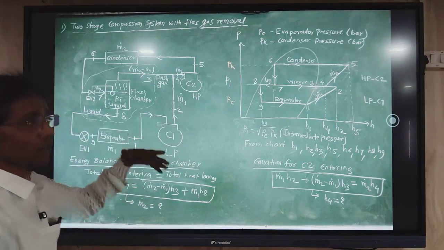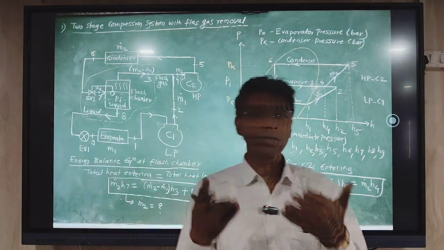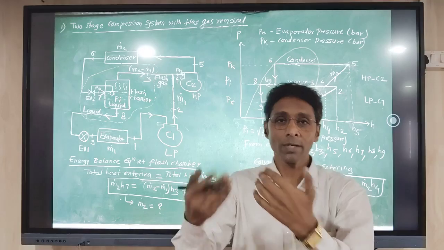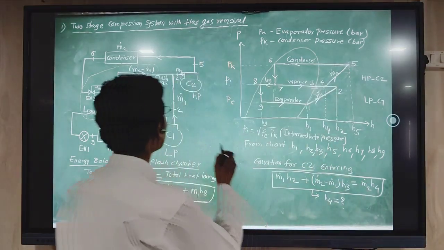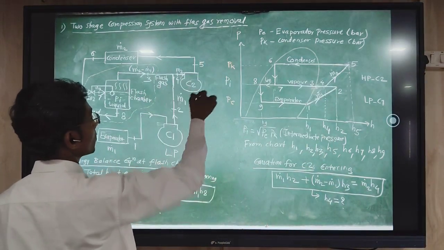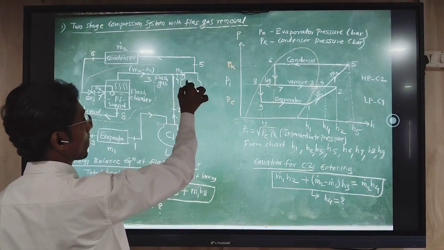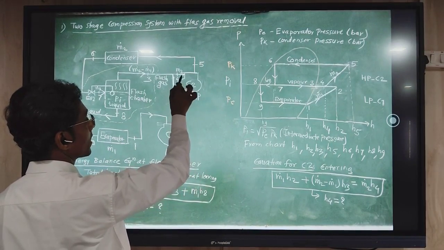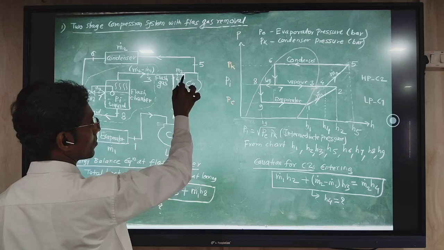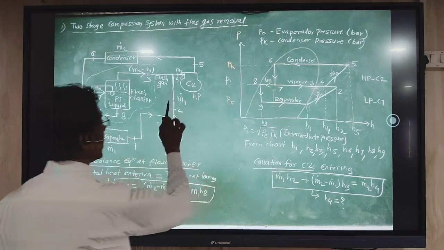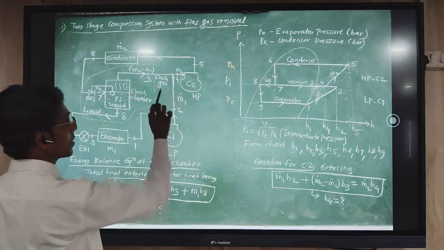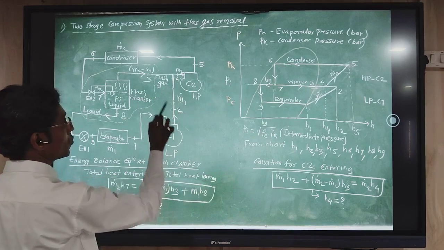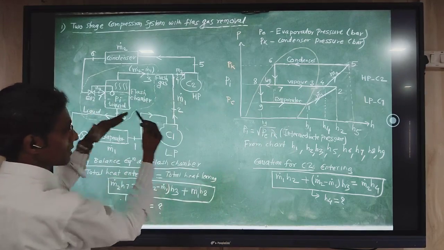Energy balance means the amount of heat entering the system and the amount of heat coming out of the system. Now here the system is this portion, compressor 2. There is an entry, point number 4, where these 2 lines, 2 and 3, are mixing together.